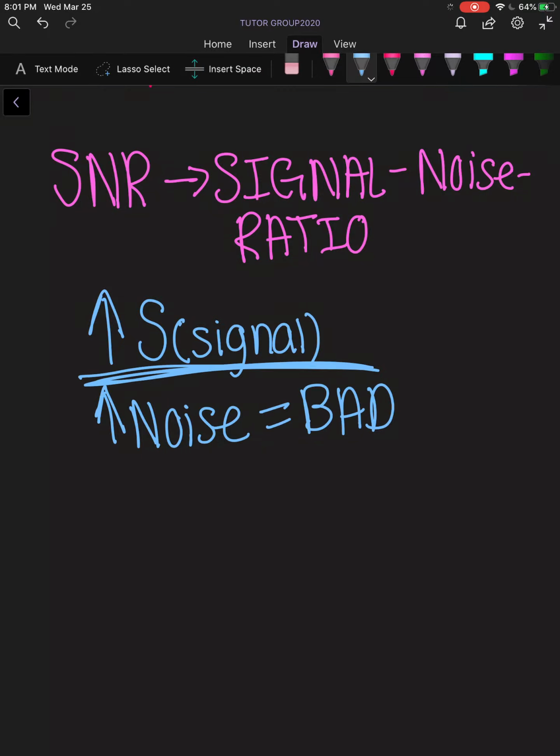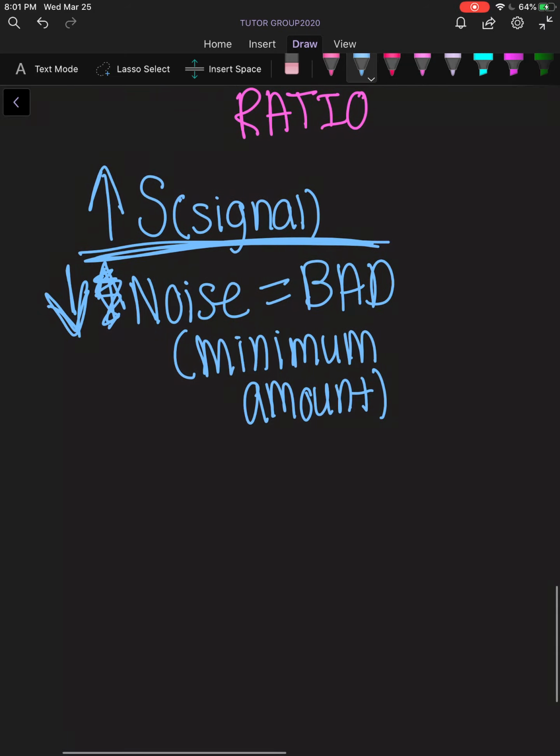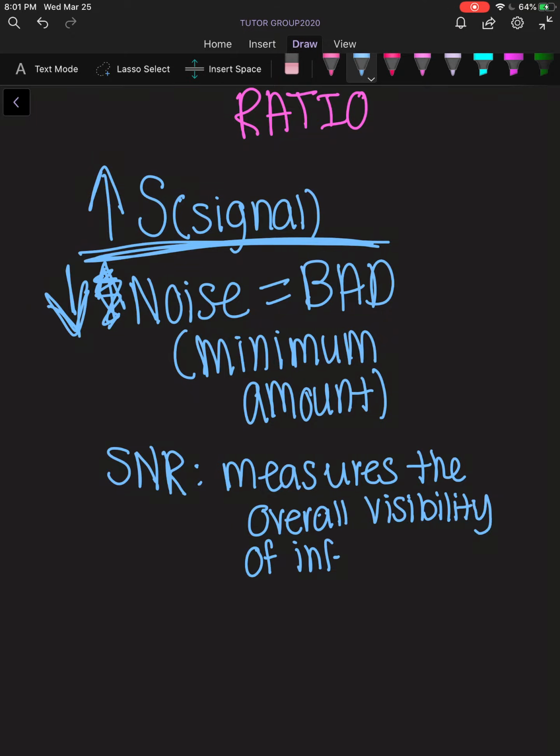You're going to want to get as much of that signal as you can, but you want the smallest amount of noise, the minimum amount, remember? Also, SNR, which is signal to noise ratio, measures the overall visibility of information.